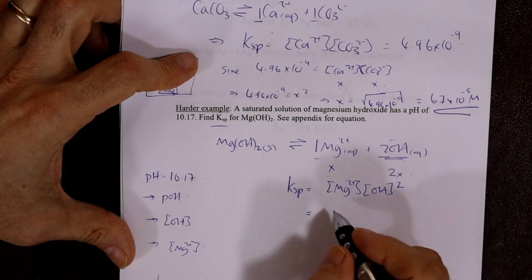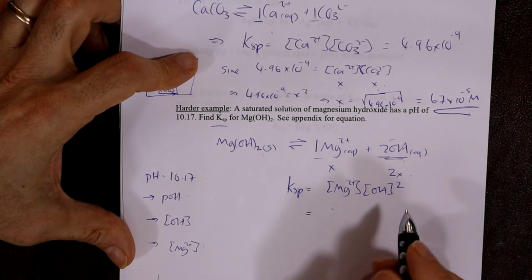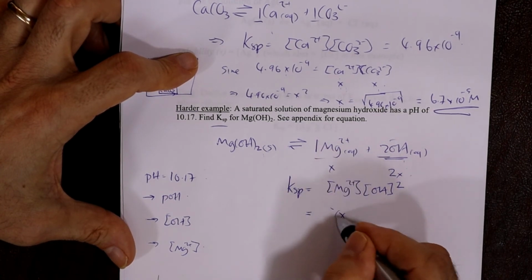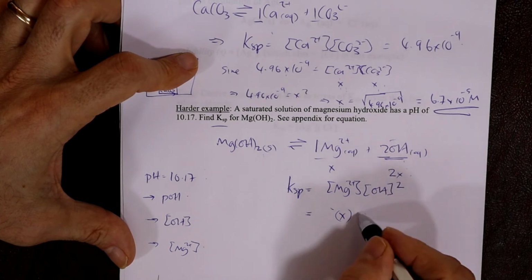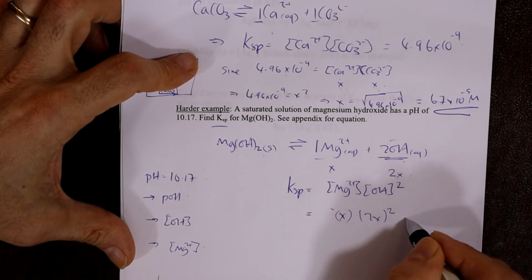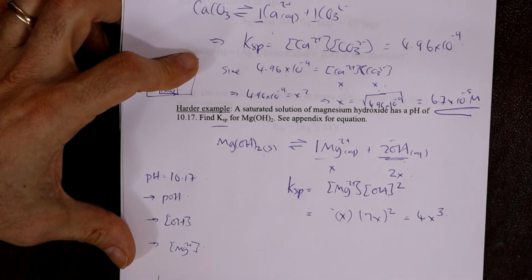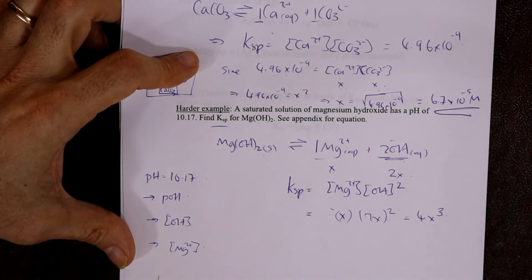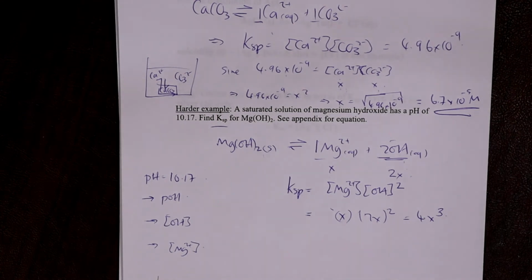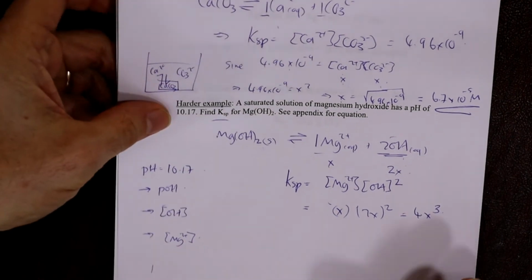Careful, which equals X times 2X squared, 4X cubed. So Ksp is 4X cubed. So solve for X and then 4X cubed. Alright, pause there, try it. Okay, and then I'll do it.